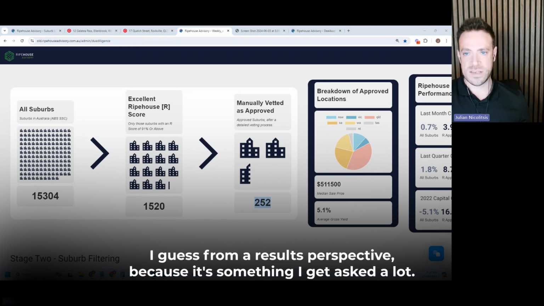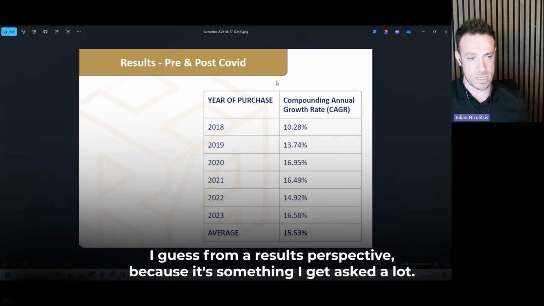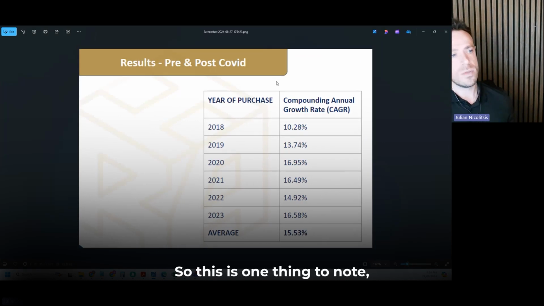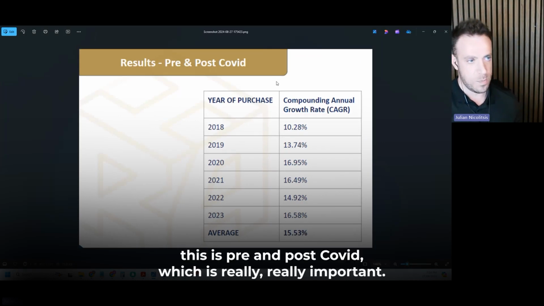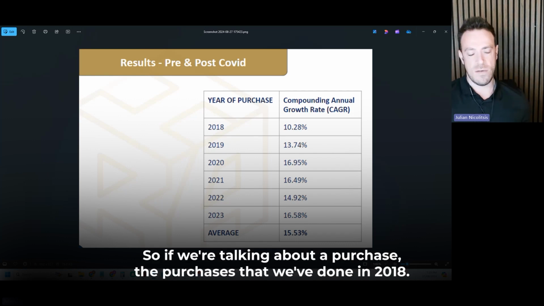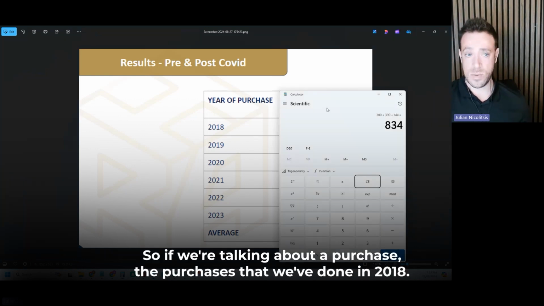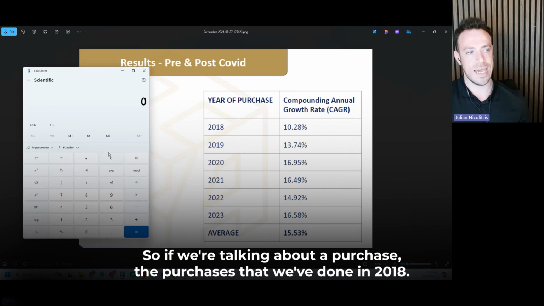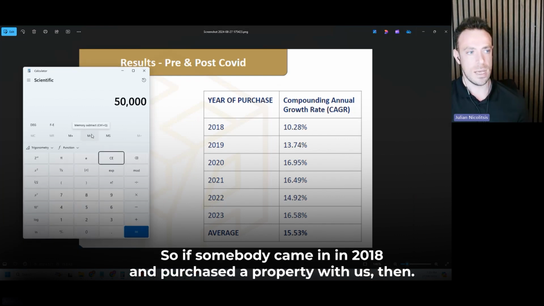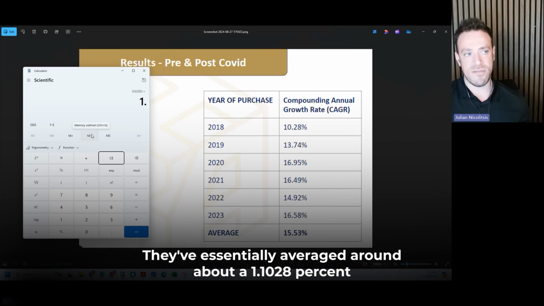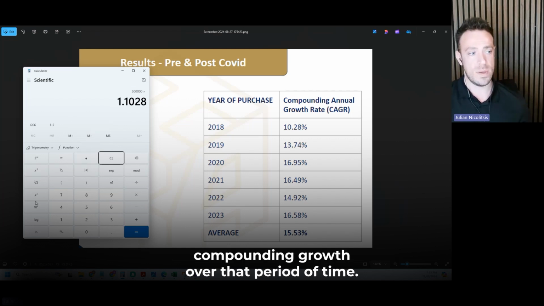Then from a results perspective, because it's something I get asked a lot, this is one thing to know. This is pre and post COVID, which is really important. If somebody came in 2018 and purchased a property with us, they've averaged around 10.28% compounding growth over that period of time.